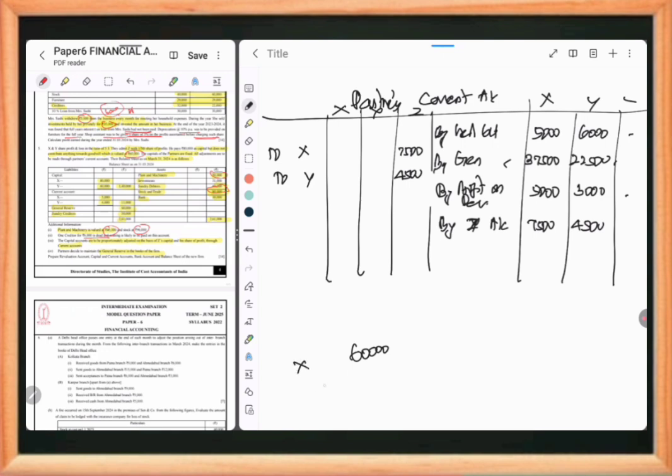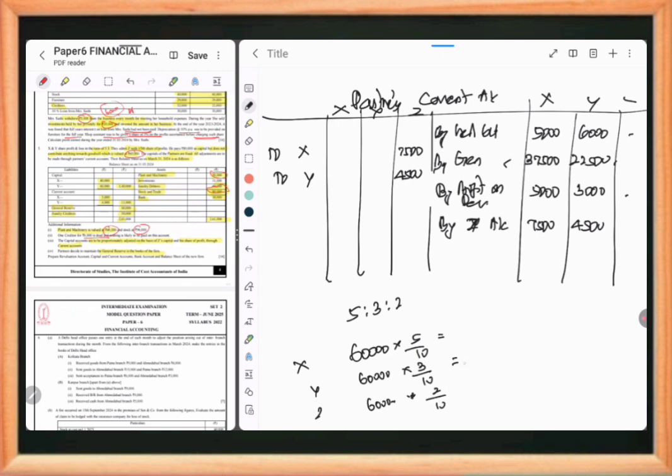So X, Y, Z. So 60,000, what is the ratio? 5:3:2. So how much should X bring? 60,000 into 5/10. Y, 60,000 into 3/10. Z, 60,000 into 2/10. It is the new ratio.